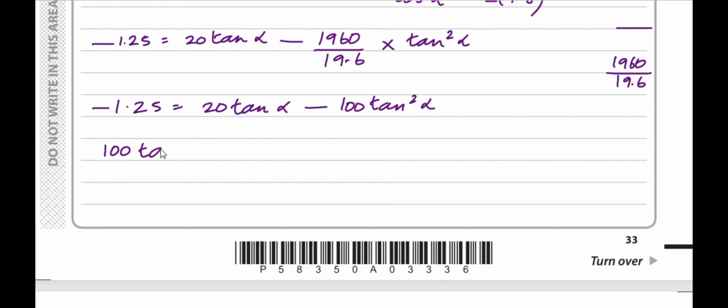100 tan square alpha minus 20 tan alpha minus 1.25 equal to 0. Looking at this equation, it doesn't seem to be easily factorized. Therefore, let's use the quadratic formula. So a is equal to 100, b is equal to minus 20, and c is equal to minus 1.25.